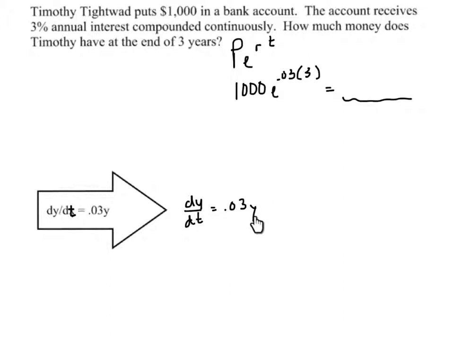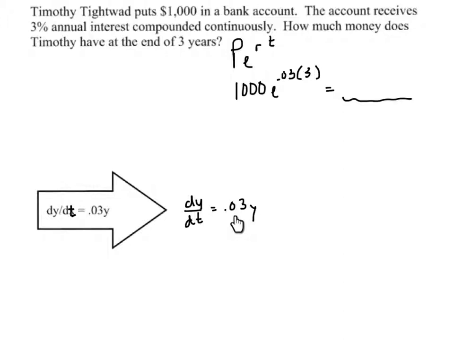You think about how your amount of money is changing. Well, you figure out 3% of what you have. If you had $1,000, you'd figure out 3% of that and say, okay, it's positive, so my rate of change is that much. It's $30, and that's your rate. So now you have 1,030 after a year.